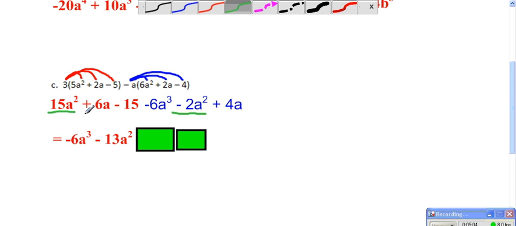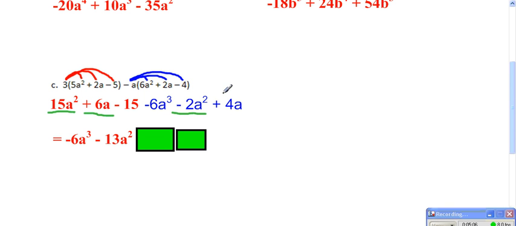We have a positive 6a and a positive 4a. Positive 6a plus 4a would give us 10a as positive. And lastly here we have the minus 15 or negative 15. So right there we have our answer in standard form.